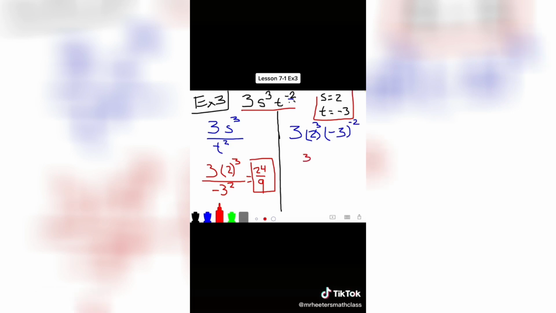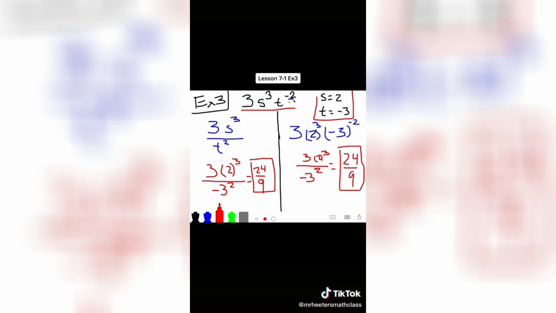So you've got 3 times 2 to the 3rd power all over -3 to the 2nd power in the denominator, because we took this and moved it down, and you would still get 24 over 9 as your final answer.